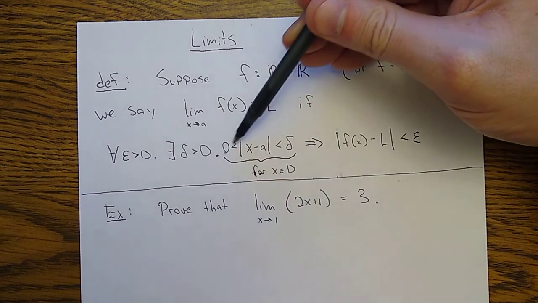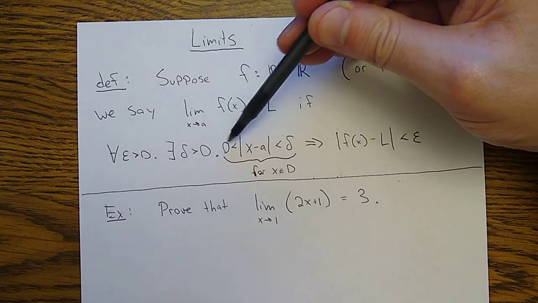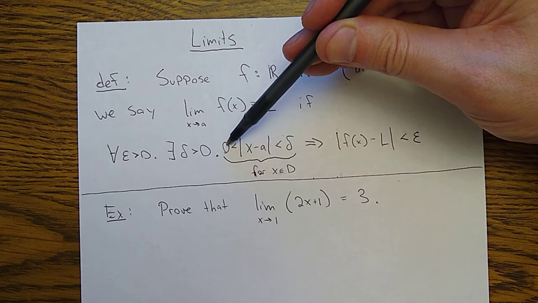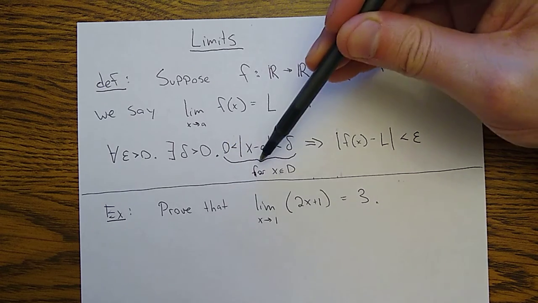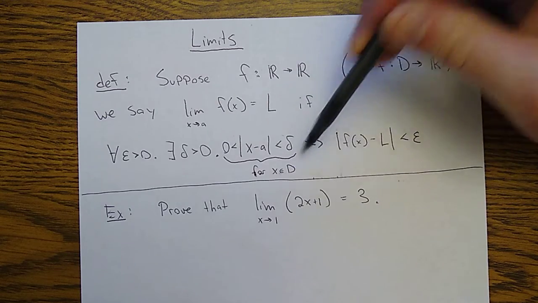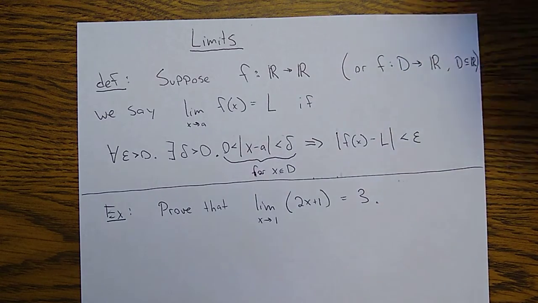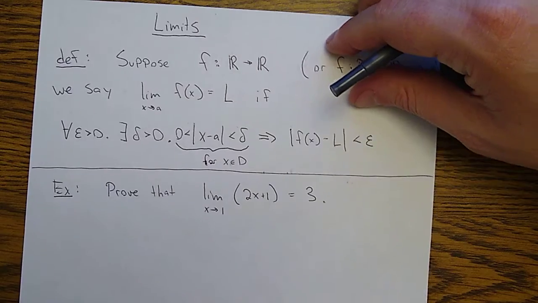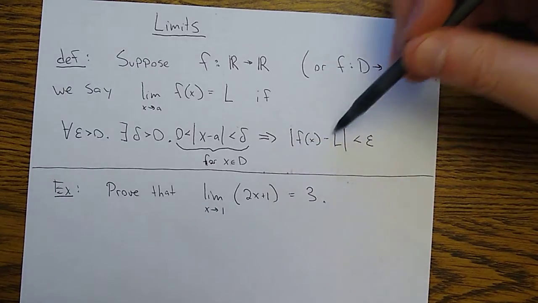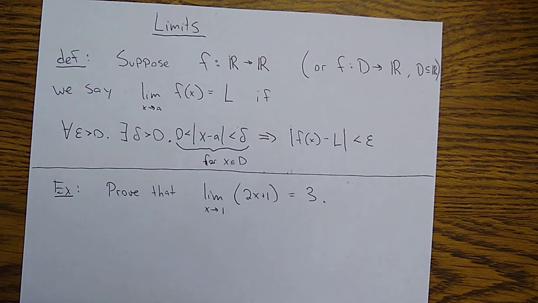Whenever x is a number satisfying this, so absolute value of x minus a is in between 0 and delta, and keep in mind that x should also be in D, the domain of f. That way we can talk about f of x. But as long as you have such a number x, absolute value of f of x minus L is less than epsilon.